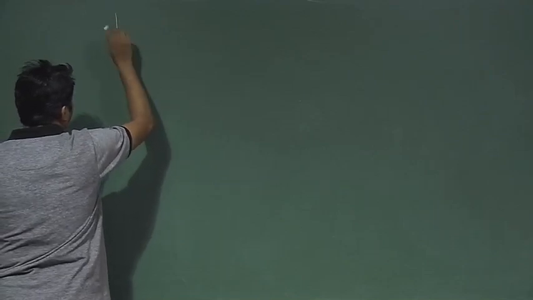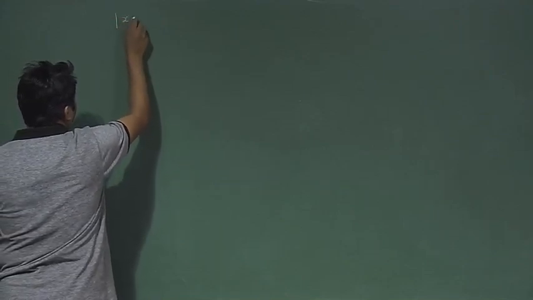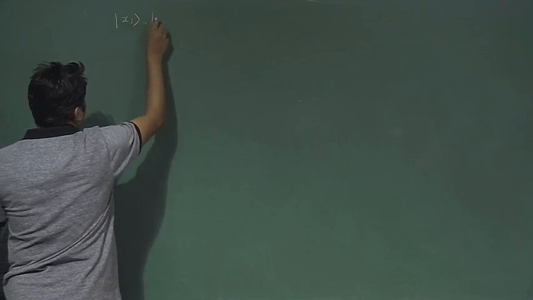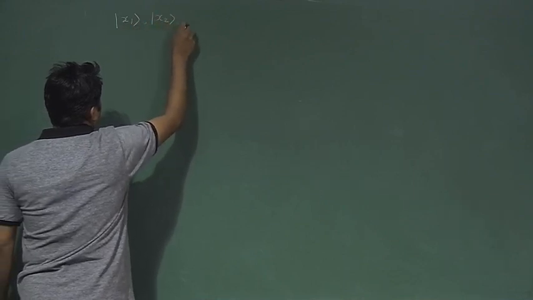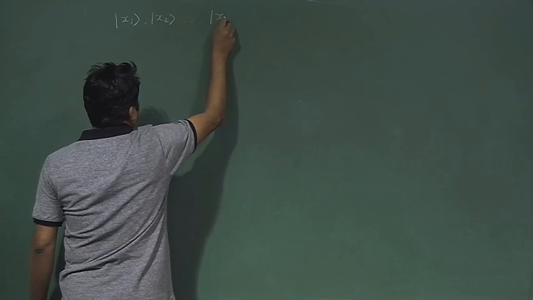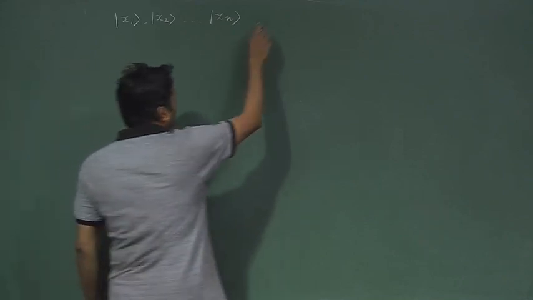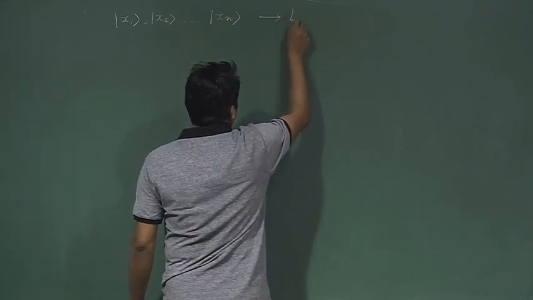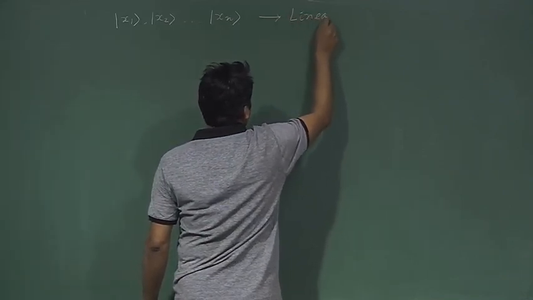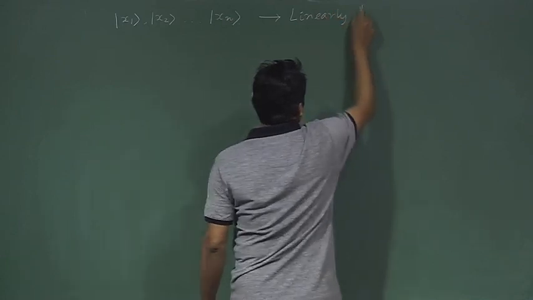The next very important thing I would like to mention is, suppose a set of vectors is given, like x1, x2, xn, and they are linearly independent.